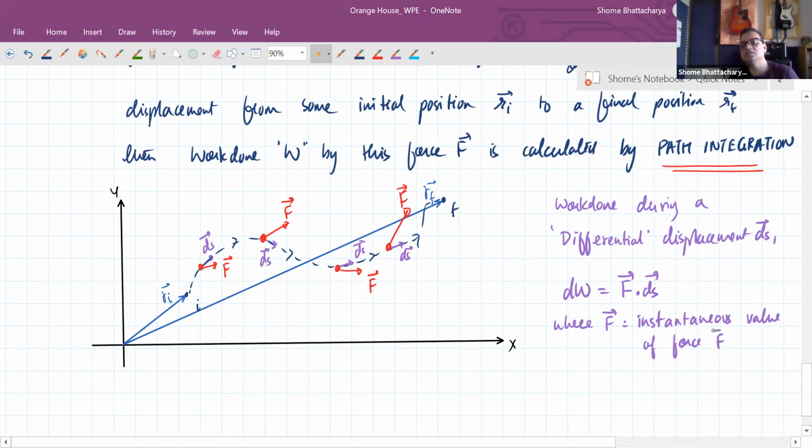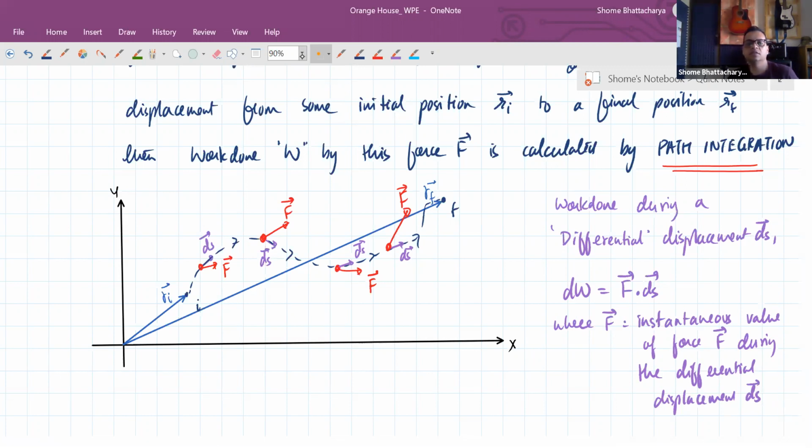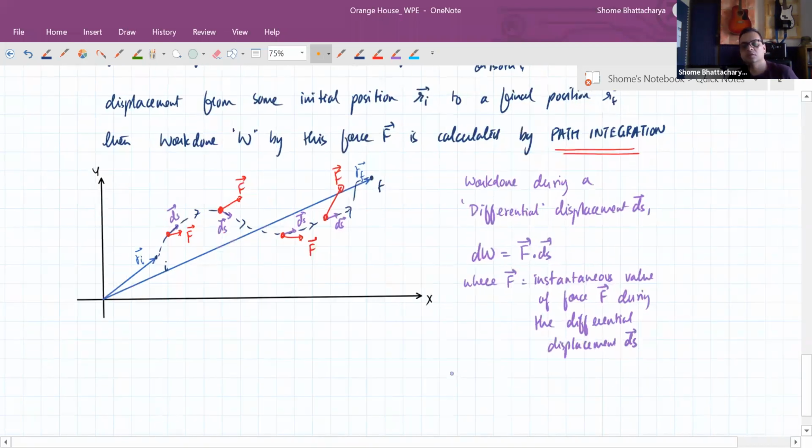So it's the instantaneous value of the force F during the differential displacement ds.